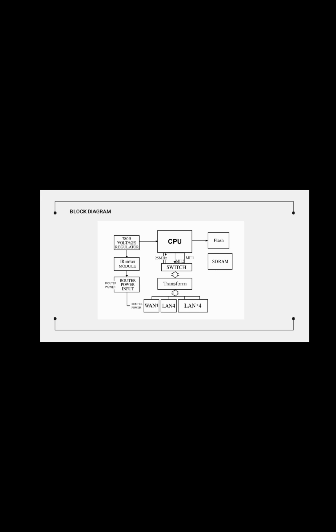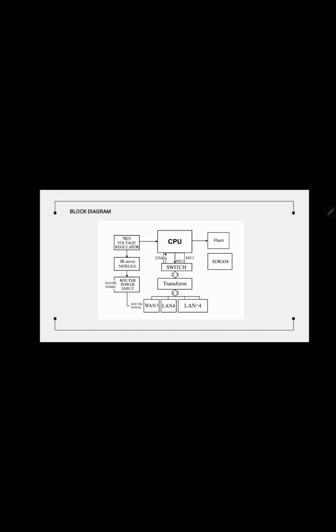In our project we are going to add an IR receiver module, which is used to control the router's power supply. By this we can control the router by switching it off and on, which has the same effect as resetting the router. The CPU is also connected with the flash memory, which is a basic function of every router.